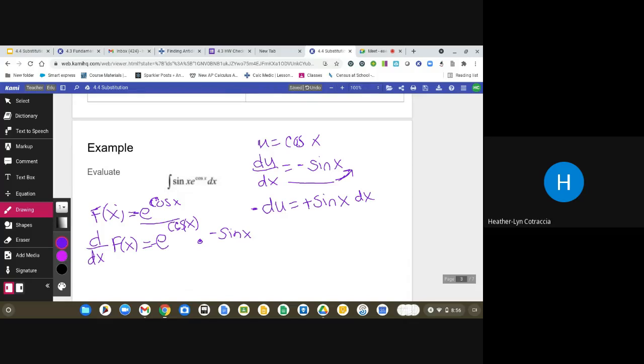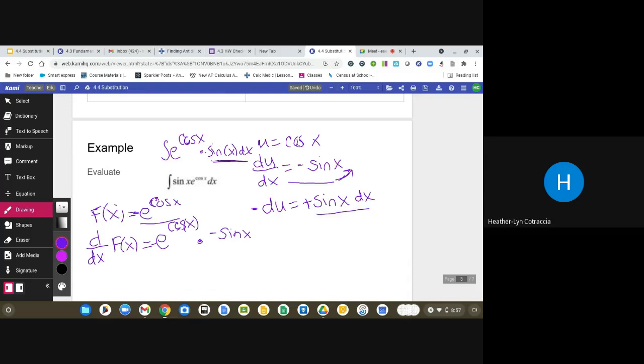Now, if you look over here at this integral, let me just rewrite that really quick for you. This would be the same thing as e to the cosine of x times sine x dx. So all I did was a little commutative property and moved that sine x so that it was next to the dx.